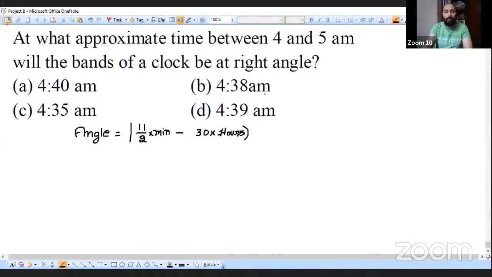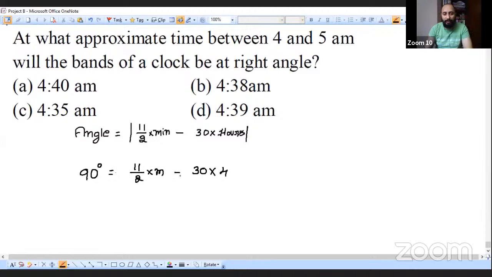So it is 4 o'clock and 5 o'clock. What do we do normally? We can take plus or minus also. Angle is 90 degrees. So we take 11 by 2 into minutes, which we don't know, minus 30 into 4. Hours is 4, so 120 comes here.